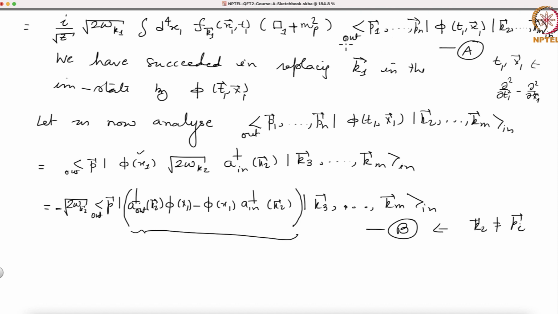Okay, and then we started looking at only this matrix element of phi, and we repeated similar steps. You see again I'm getting rid of K2 and I have brought in a dagger that comes with the square root of 2 omega K2, and again this step.